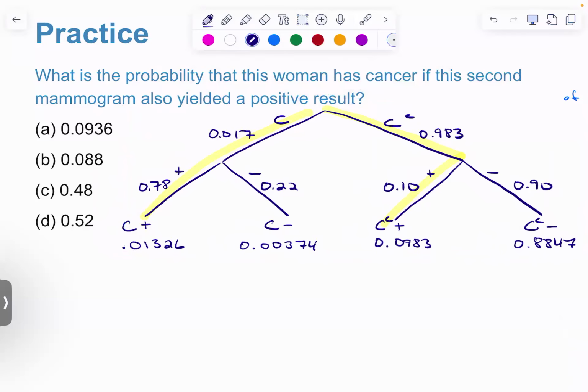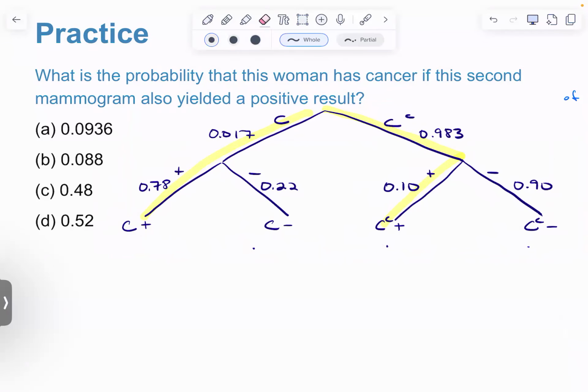So now, let me just erase all this here. I'll erase the highlights.